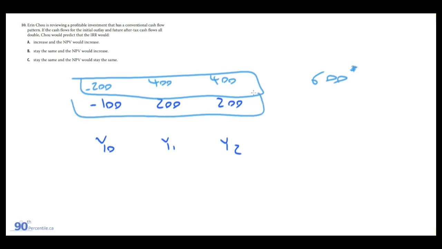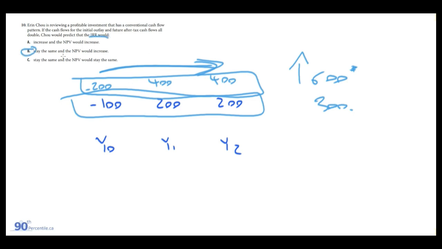And then here you would get, what, 300, right? So you can tell right away the NPV is for sure going to increase in the second scenario, but the percentage return is still the same because everything just doubled. So our answer is actually that the IRR would stay the same and the NPV would increase.